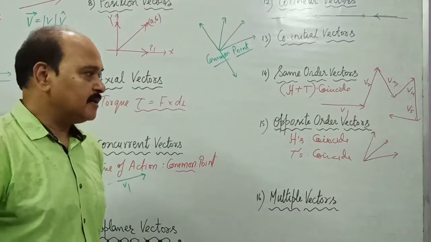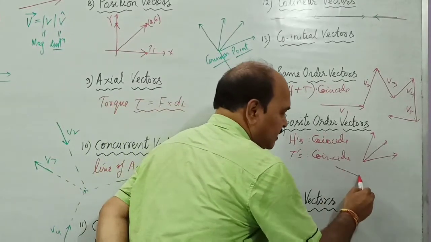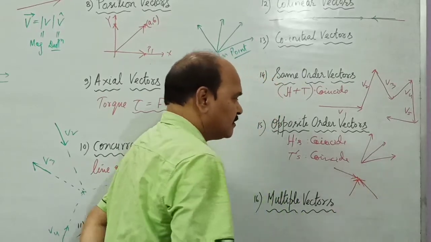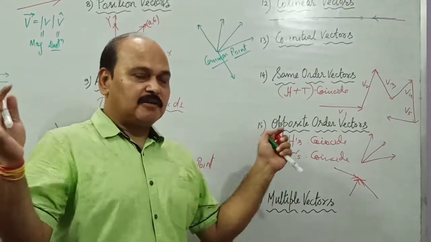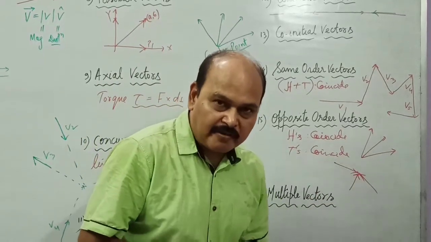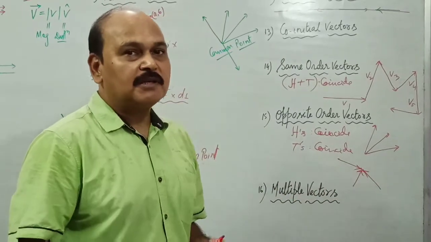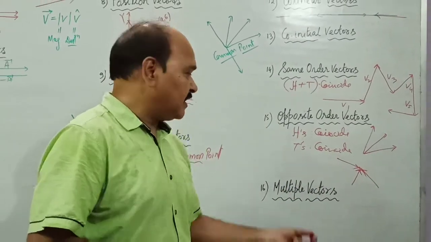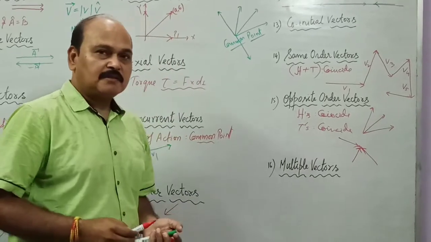Their tails coincide. And if the heads of the vectors are coinciding, even then we call them opposite order vectors. So if the heads of all the vectors are together, or if the tails of all vectors are together, all vectors are opposite order vectors.